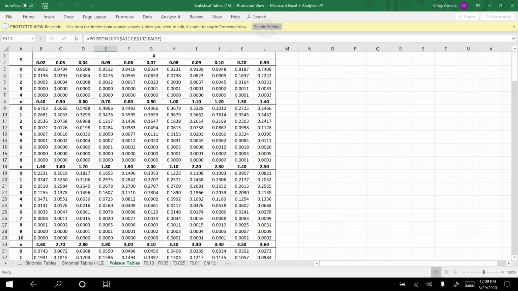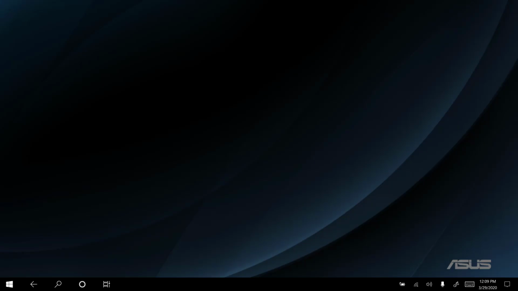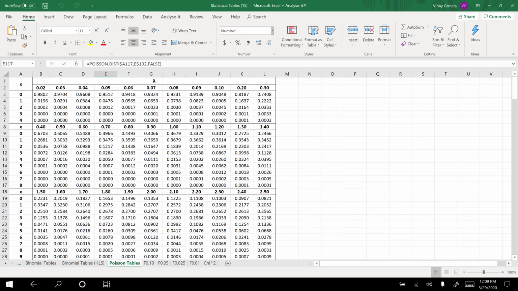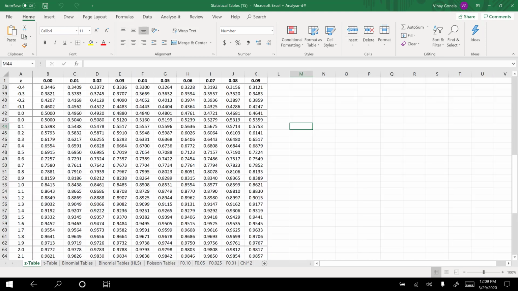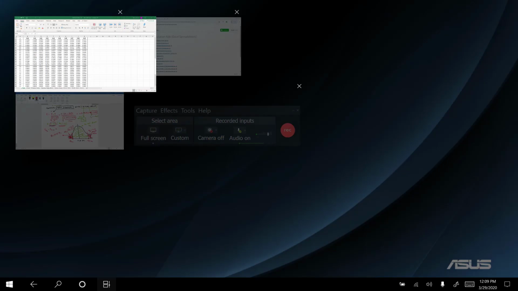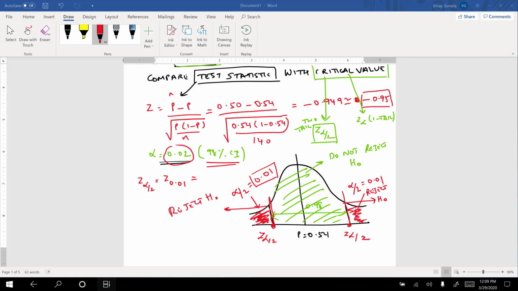So I will do enable editing, and currently I am in the Poisson table. I have to go to the Z table. So I go to the Z table and look for a probability of 0.01.